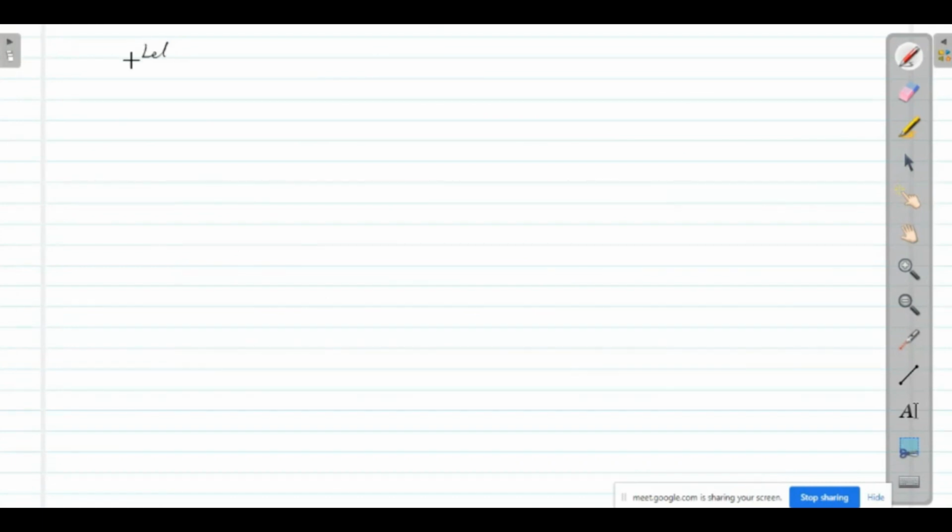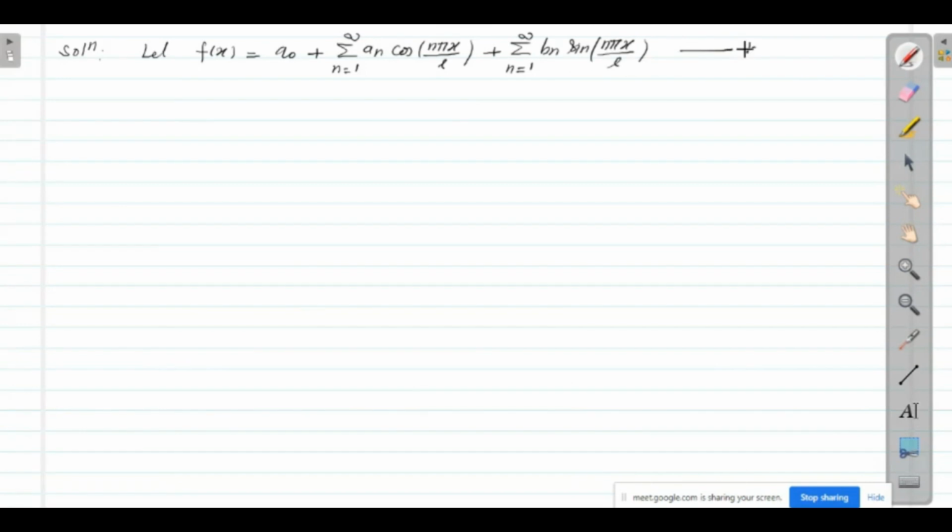Solution: let f of x be expressed in Fourier series, that is a naught plus sum running from n equal to 1 to infinity a n cos n pi x by l, and plus sum running from n equal to 1 to infinity b n sin n pi x by l. Name this equation number star.